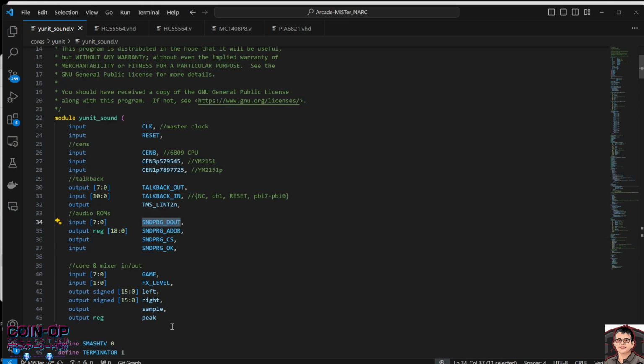Okay, and then we have the mixer part of it. The mixer basically goes to the top level of the core, right? So the mixer will go to the MRA framework, as you might call it. The framework has left and right, and then sample and peak.